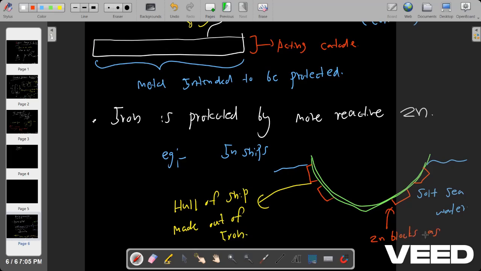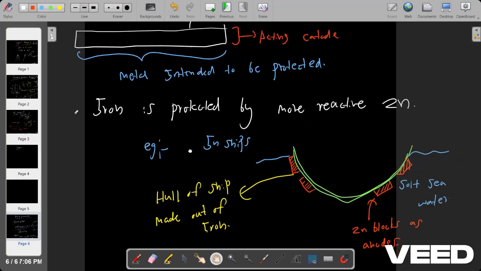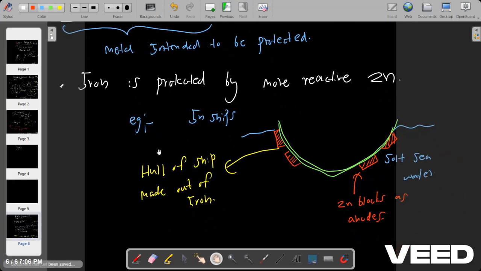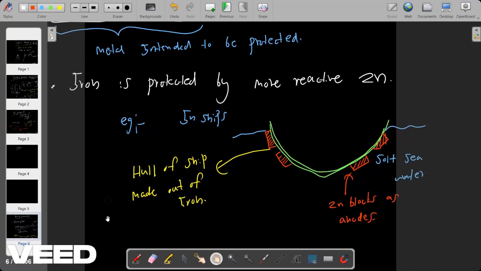Since they have these zinc blocks, it is being protected. Okay, understood?